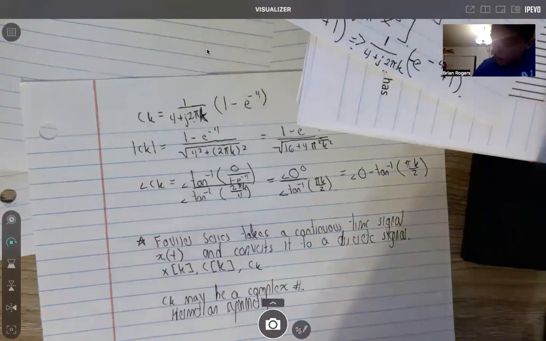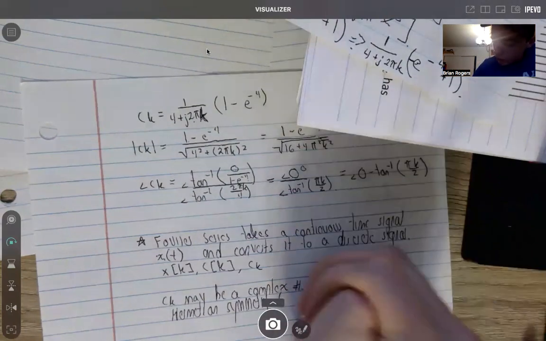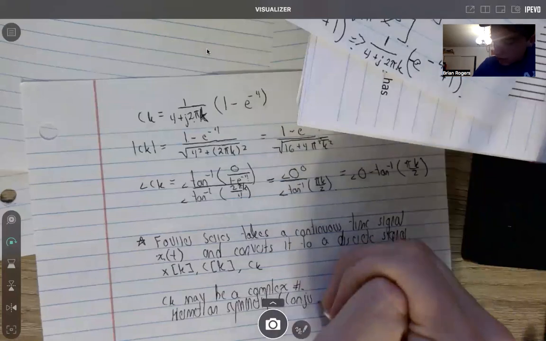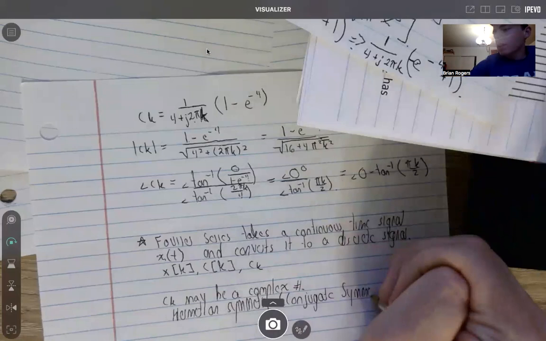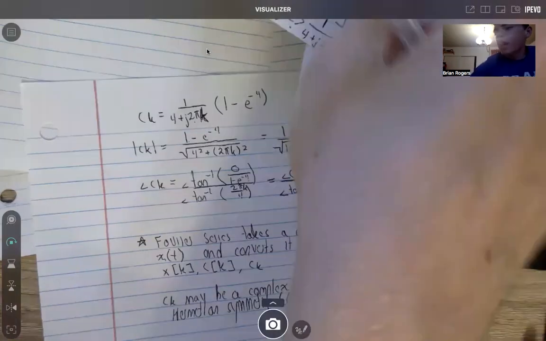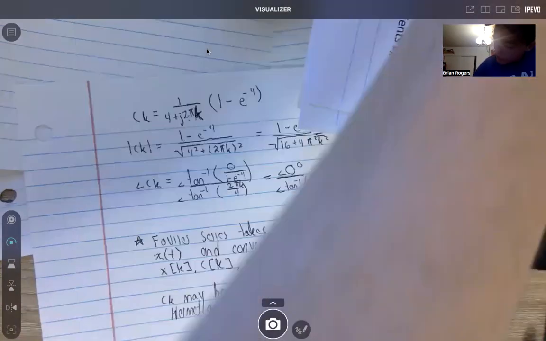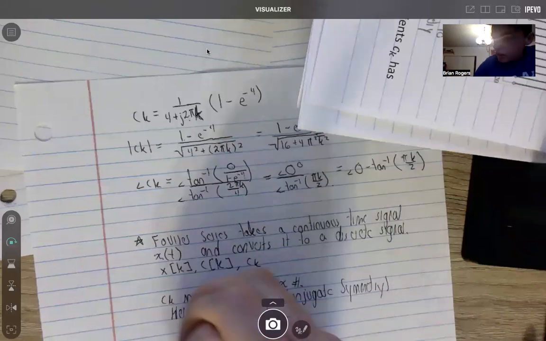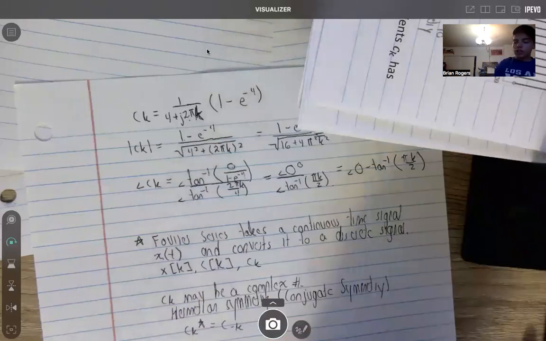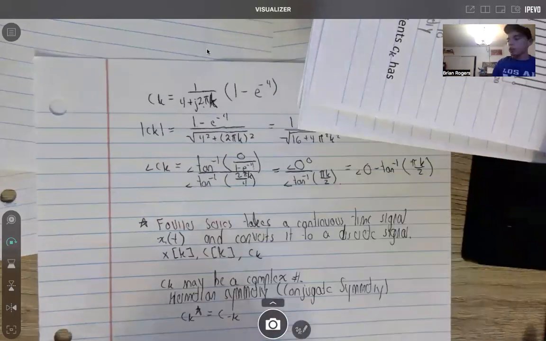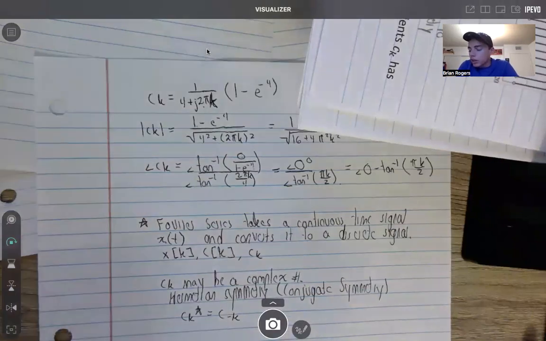That's why we like to say Hermitian symmetry, or conjugate symmetry. The biggest thing to take away from this is to realize that the conjugate of c of k is equal to c of minus k. That basically means the negative value of c of k is going to equal your conjugate.